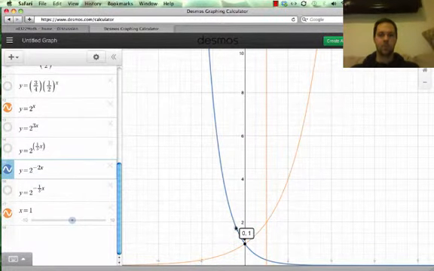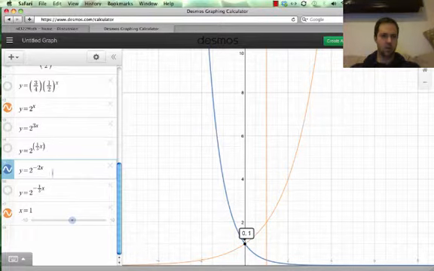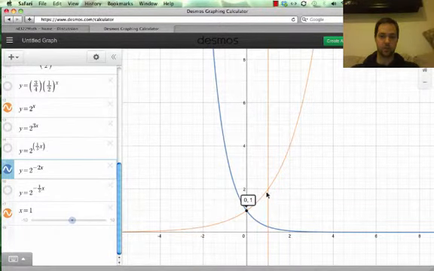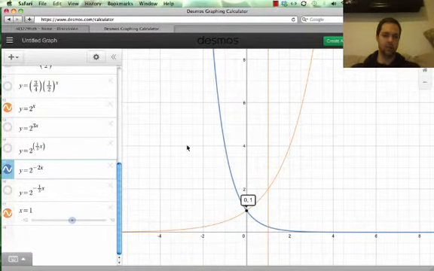So we wanted to see if we had the point 1 and 4. So let's find where x equals negative 1 and 4, because now our x value has been turned into a negative.